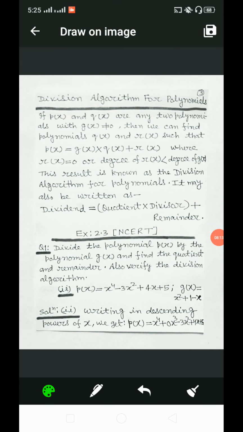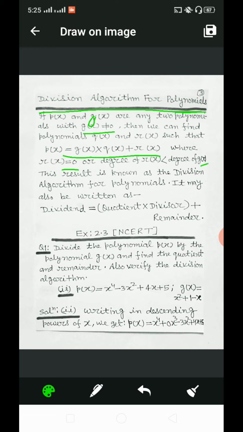Now let us discuss the division algorithm for polynomials. If p(x) and g(x) are any two polynomials with g(x) not equal to 0, then we can find polynomials q(x) and r(x) such that p(x) is equal to g(x) into q(x) plus r(x), where r(x) is equal to 0 or degree of r(x) less than degree of g(x).